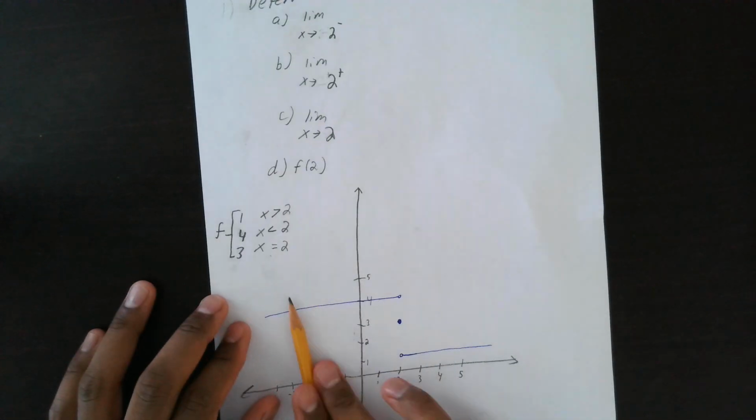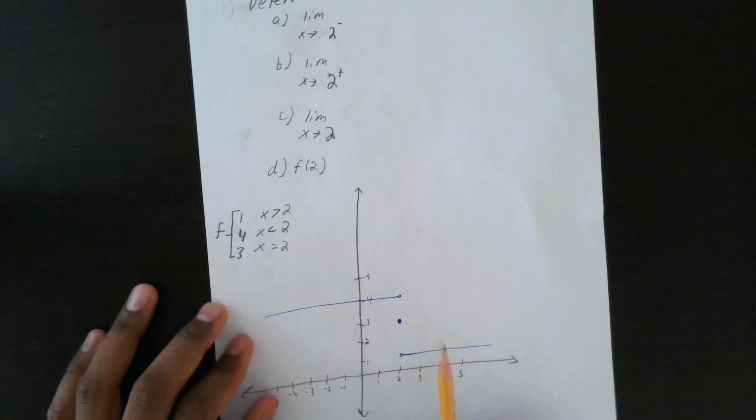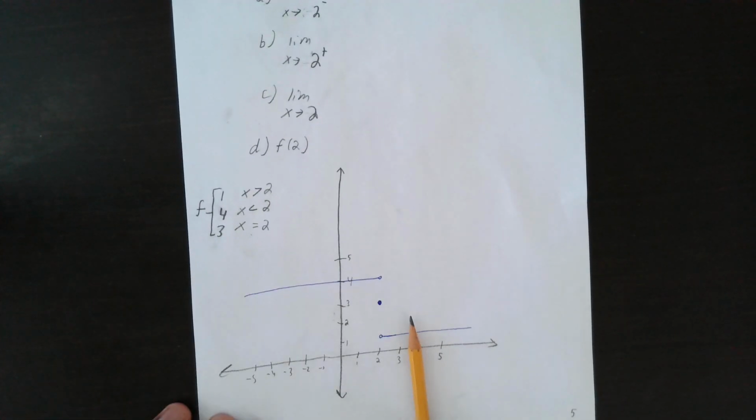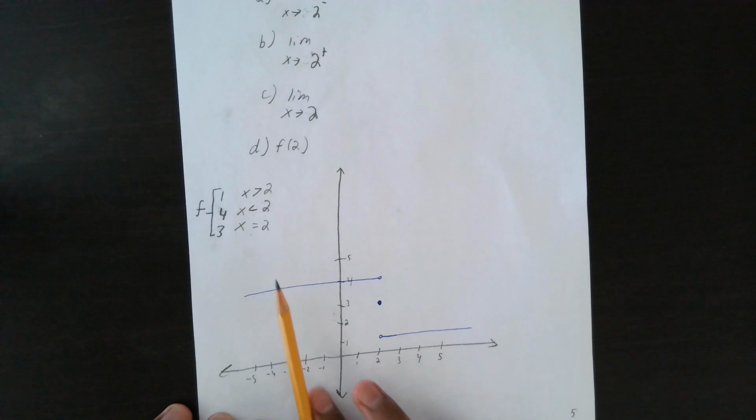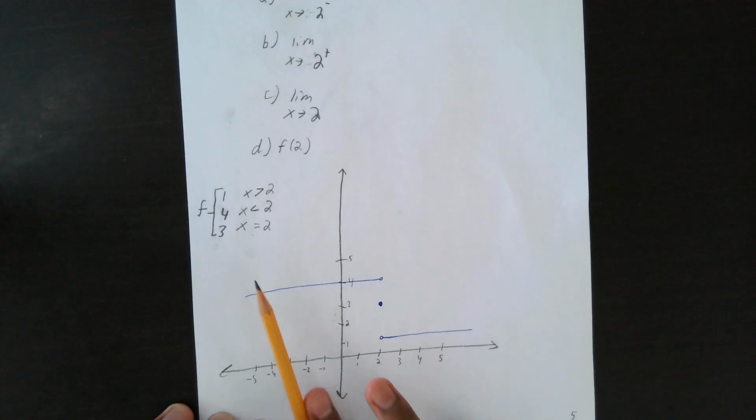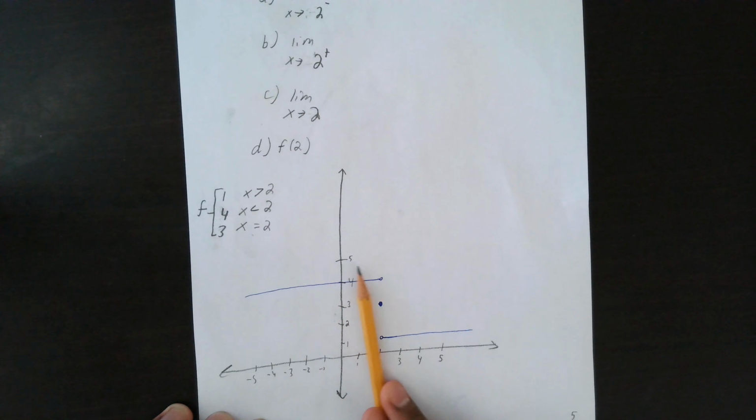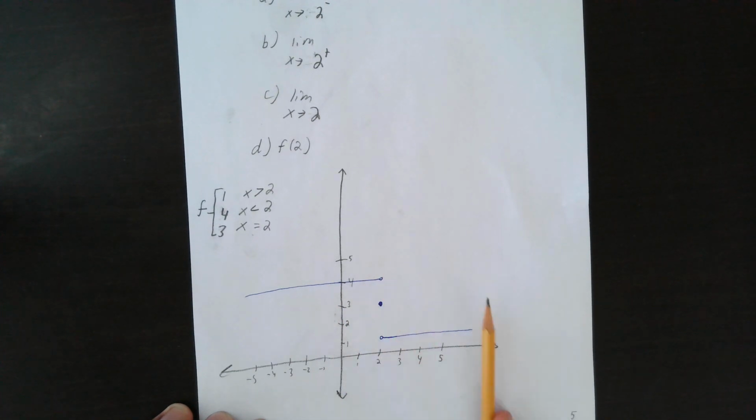You can see that over here. As we approach x equals 2 from the left side, we get a y value of 4. As we approach x equals 2 from the right side, we get a y value of 1. And the value when x is equal to 2 is 3.